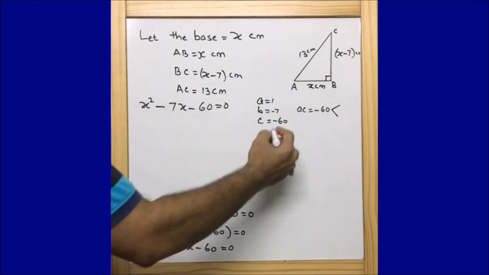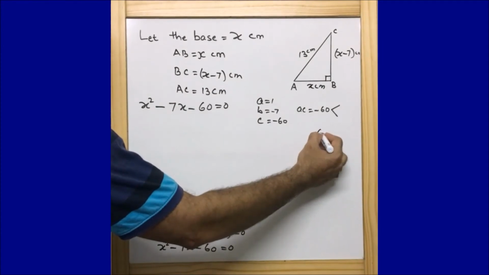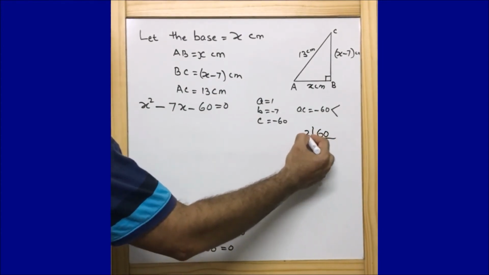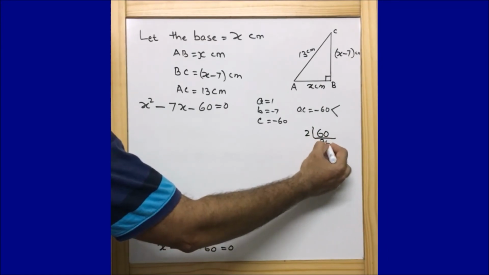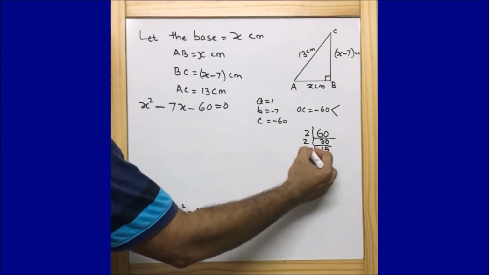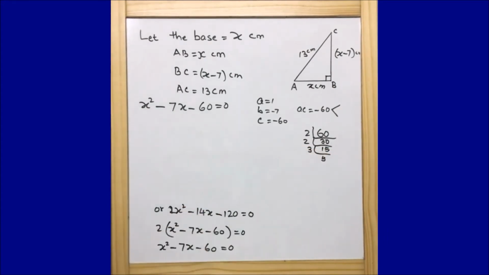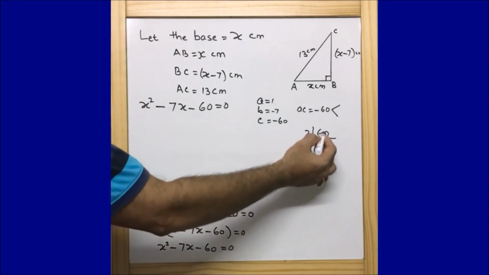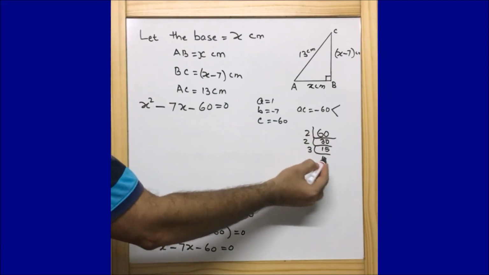Now this AC is 60, so if we take the prime factors of 60, we will get 2 30s are 60, 2 15s are 30, 3 5s are 15. So you could see that we are getting the factors of 60 as 2 into 2 into 3 into 5.